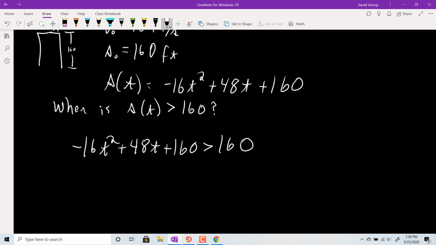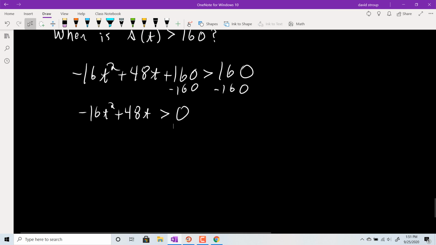Okay, so we need to set it equal to 0. So move the 160 over: negative 16t squared plus 48t. When is that greater than 0? I need to find the boundary points, so I'm going to set it equal to 0 and solve.